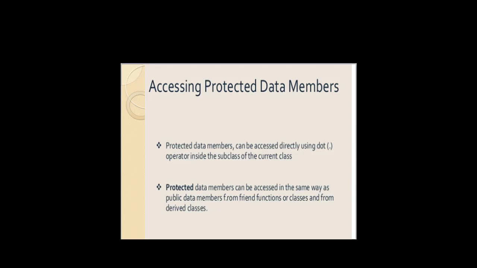So protected data members can be accessed directly using the dot operator inside the subclass, which is a derived class of the base, meaning the current class. Protected data members can be accessed in the same way as public data members from the friend functions or classes and from derived classes. We will see the protected data members in detail in the chapter on inheritance.